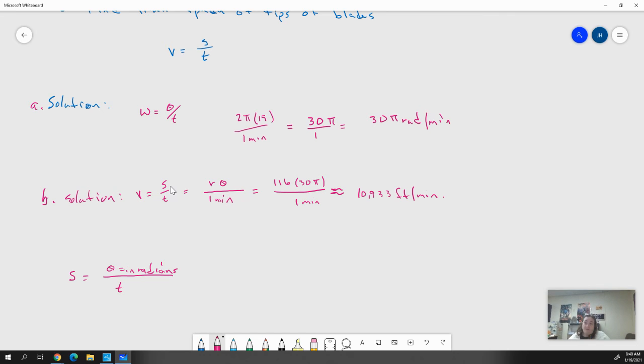Notice that pretty much everything we're dealing with is over time, right? Yes, S equals theta over time, but remember that theta equals radius. Well, S equals theta over time.